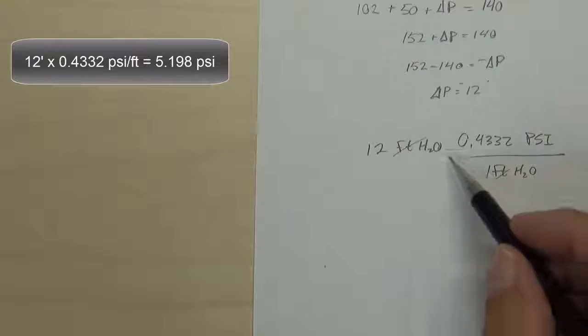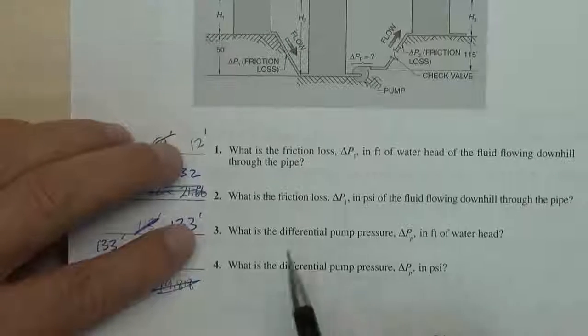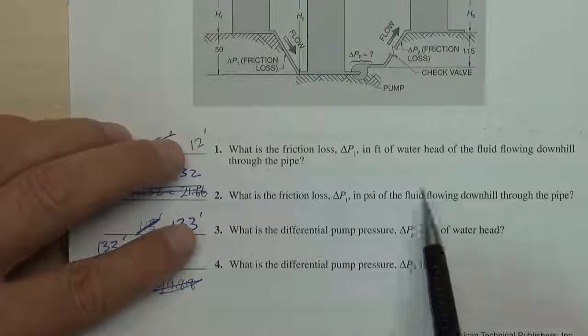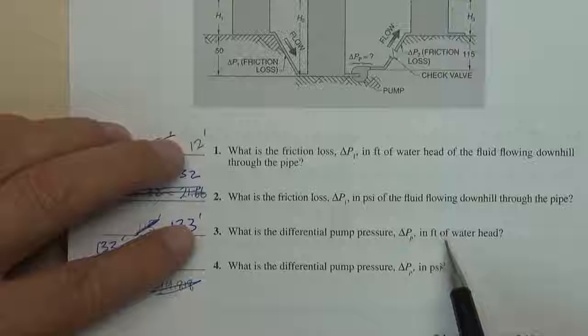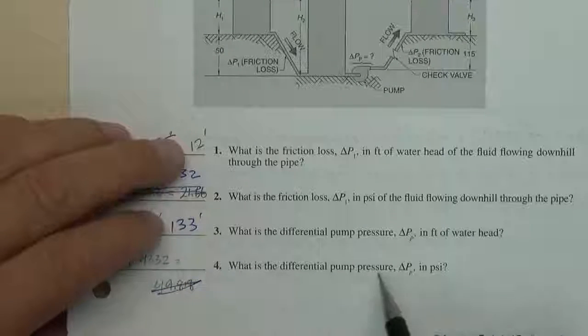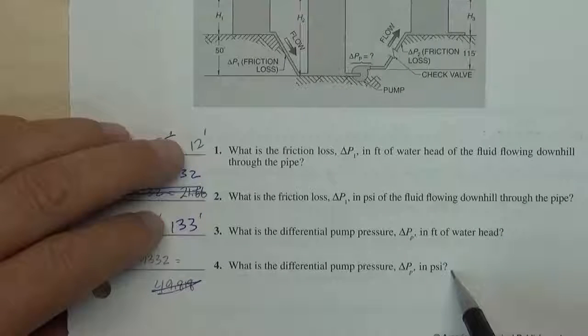Those units are going to cancel out, and I'm going to be left with, what is the differential pump pressure delta P right here in feet of water head? And then the next question is in PSI. So this one's easy to get.